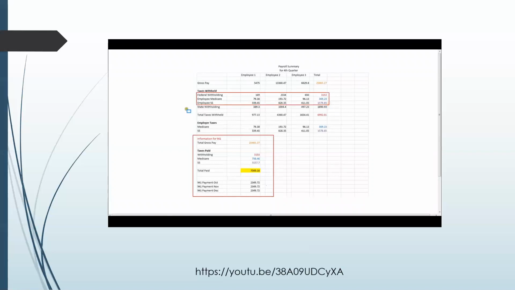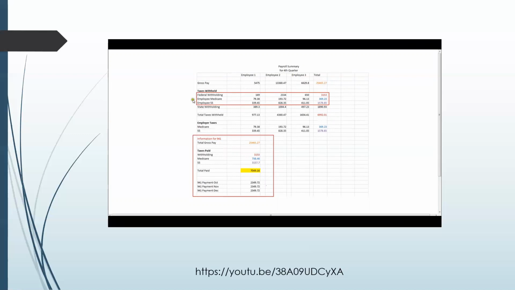Okay, now this is the federal withholding, Medicare and Social Security for the entire quarter. So this is what my employees have been paid for all of January, all of February, and all of March. No, I'm sorry, we're doing 4th quarter. So all of October, all of November, all of December. It doesn't matter. For 3 months, these are the totals.